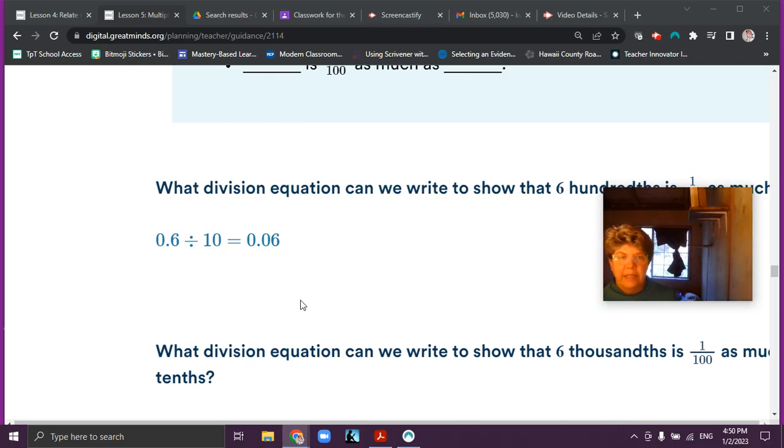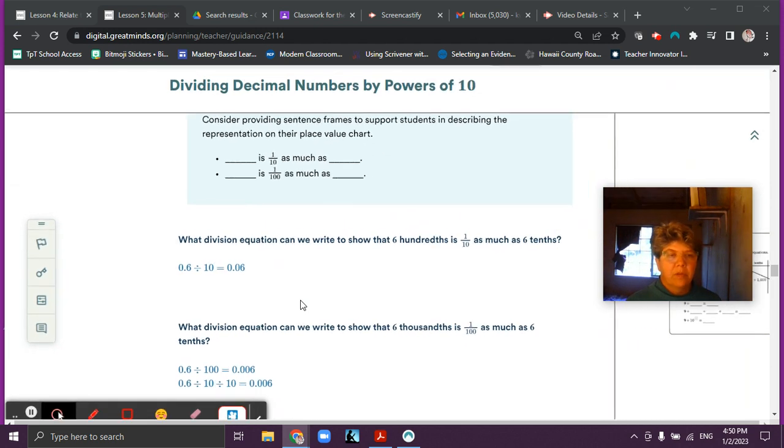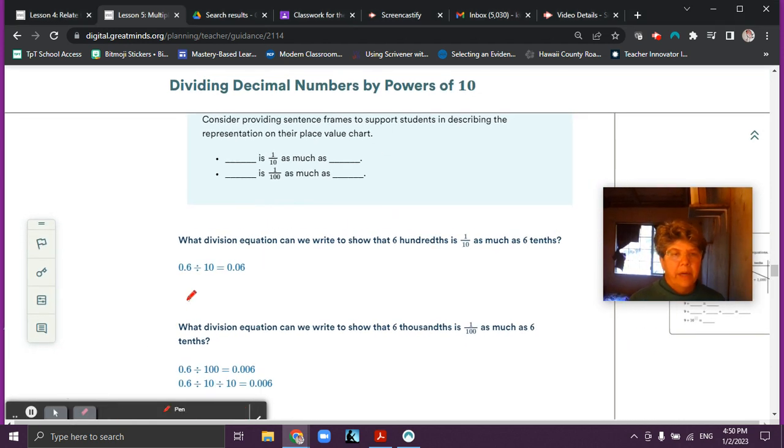So dividing by 10 is the same as multiplying by 1/10, right? It's the same thing. So get that in your notes, get that in your brain so that you know that when we're multiplying by 1/10, we are also dividing by 10. So we're moving from 6/10 to 6/100ths, okay?